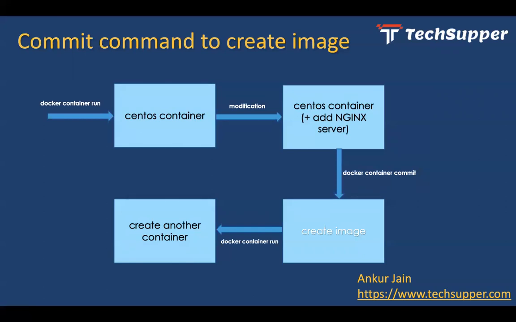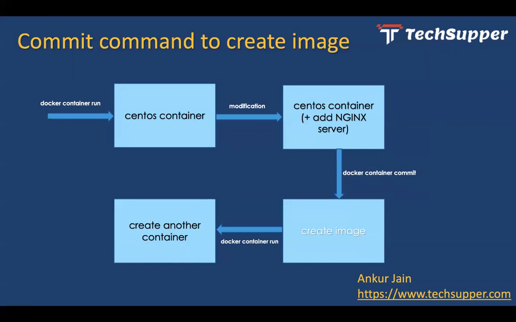Later, you attach to this CentOS container and you do some modification, like you add some server like nginx, apache, httpd, or you add some dependency. And now after that, you want your container to be used by someone else.